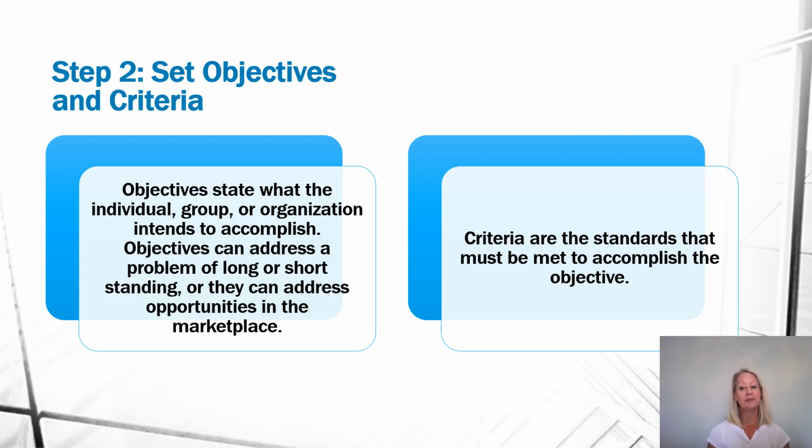When writing an objective, you should also specify the criteria for achieving the objective. Criteria are the standards that must be met to accomplish the objective. It is a good idea to distinguish between must and want criteria. Must criteria have to be met to achieve the objective, whereas want criteria are desirable but not absolutely necessary.